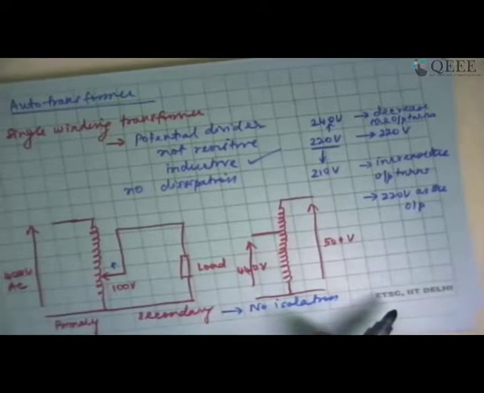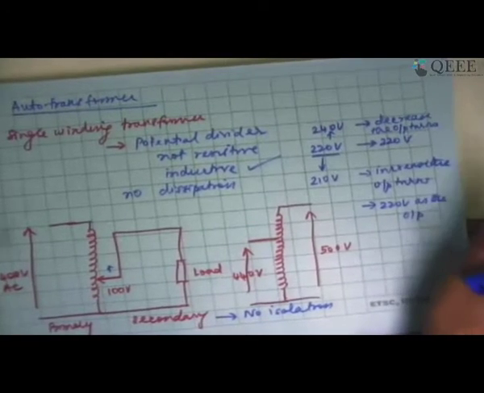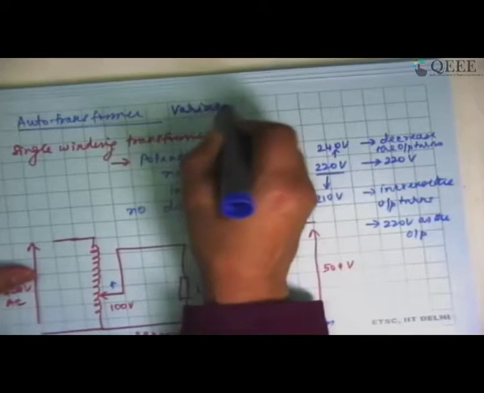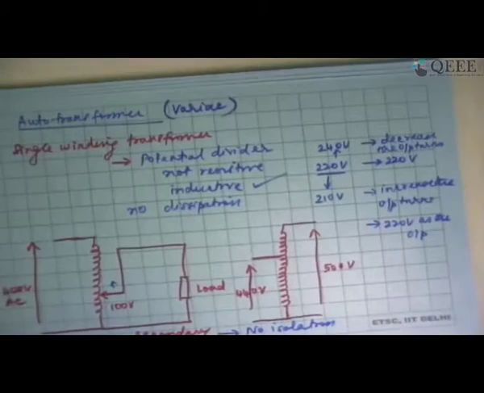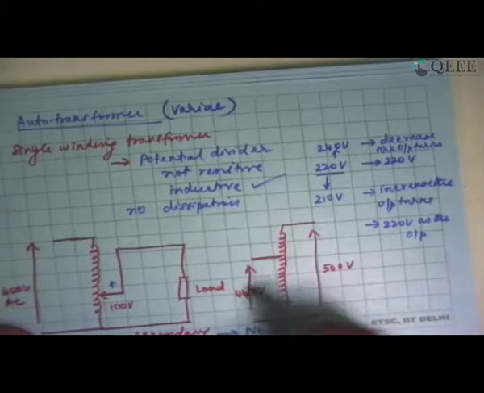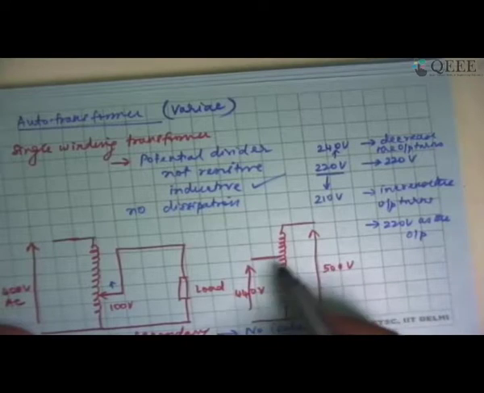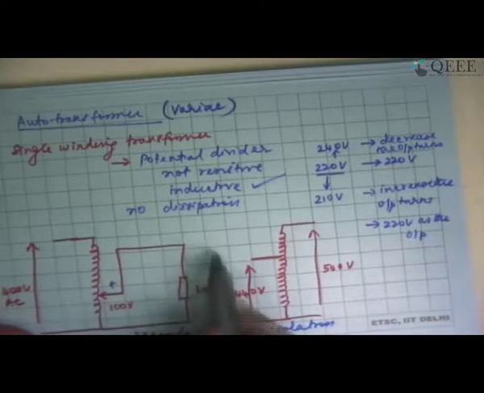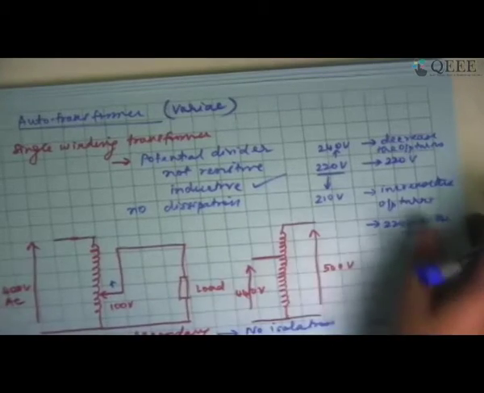In a variac, or an auto transformer, the two are synonymous, I'm going to have a set of turns which will be common to primary and secondary. Depending upon at what point I'm tapping, I'm going to get an appropriate voltage at the load terminals. This is the basic working of an auto transformer.